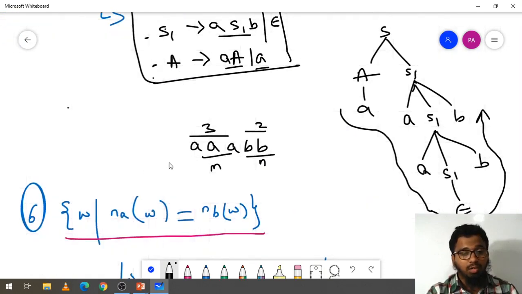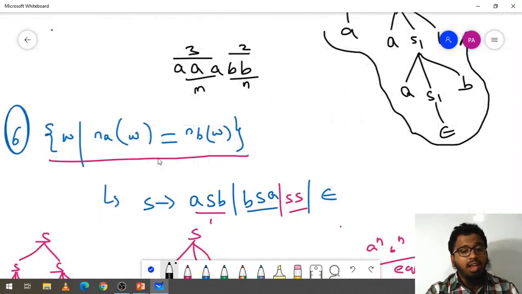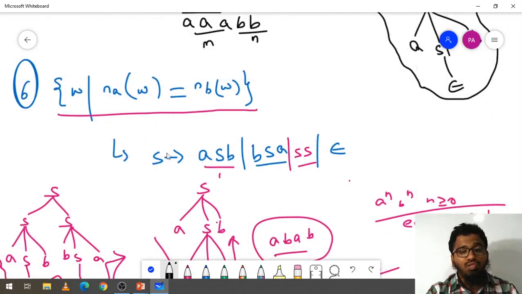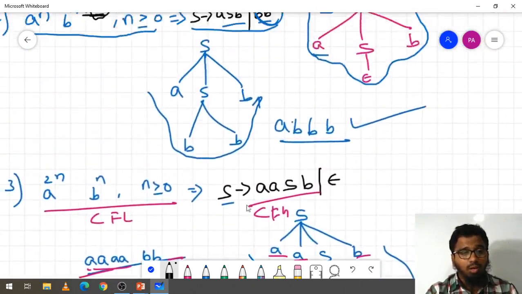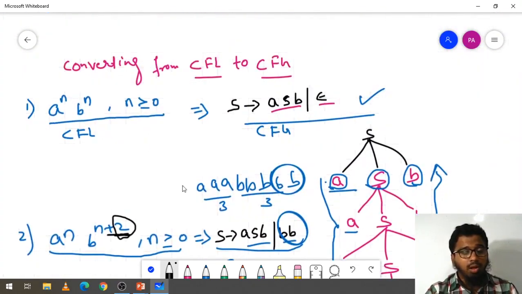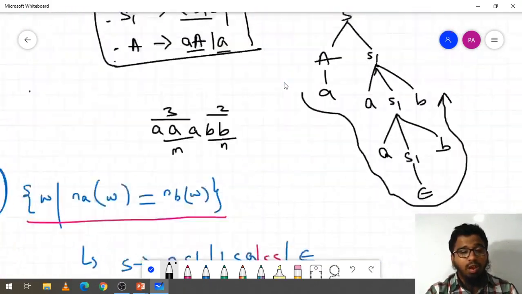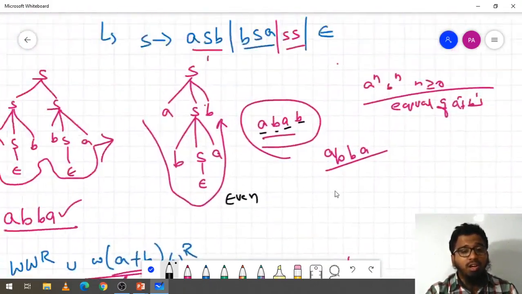Okay, next, W n A of W, n B of W. So here it is telling equal number of A's and B's is okay, but if I want like this A B, I cannot generate with first here. I will not generate with A power n, B power n, it is generating A, B, B, B. But with the help of that we cannot create that.